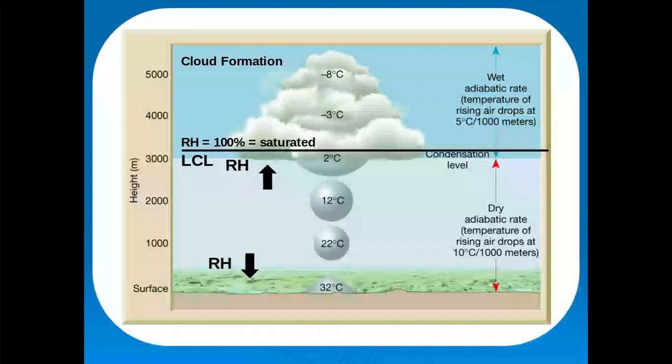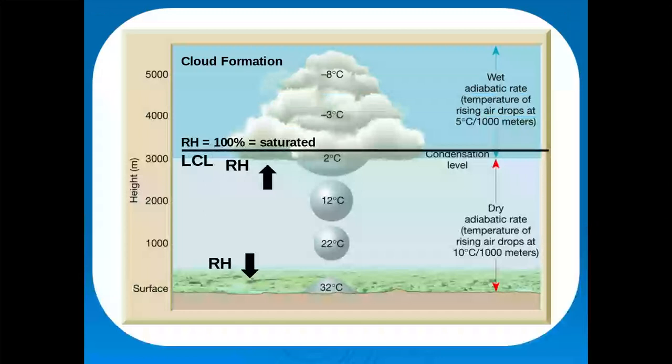And what I'd like you to be able to do, when we're done with this slide, before the exam, is to, in your own words, describe how clouds form using the terminology, again, as relative humidity, condensation, dew point, and so forth.